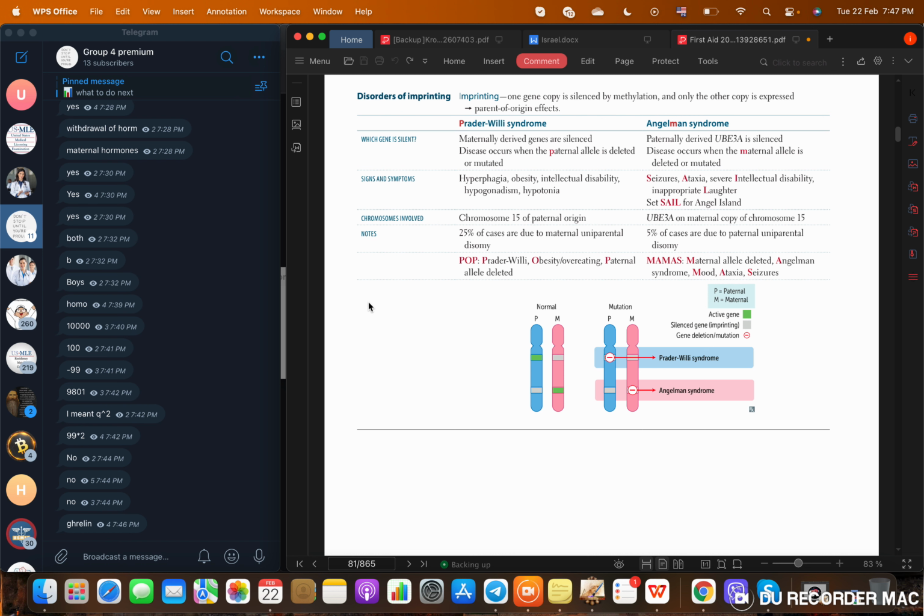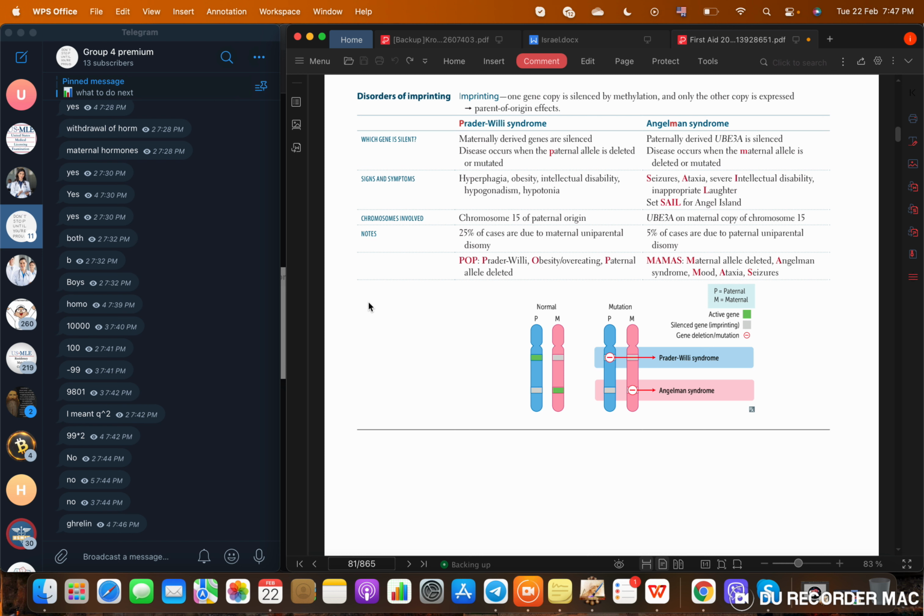So if the mother is going to be silenced, will the child have any gene? The mother has both genes initially, right? She has disomy. So if she's silenced, the child is not going to have anything, right? Because the father is already silenced. So Prader-Willi is going to have obesity, and it has a paternal allele deleted.